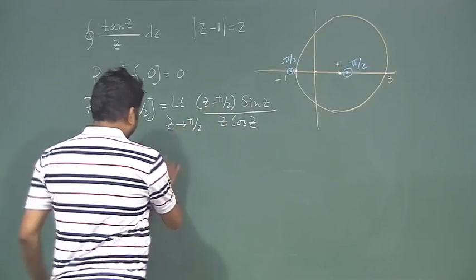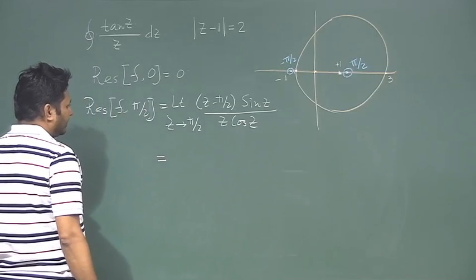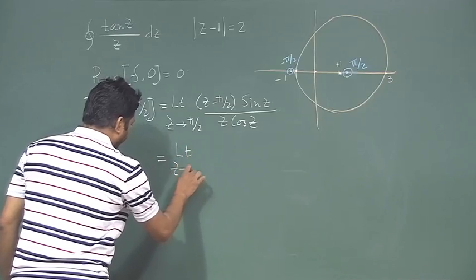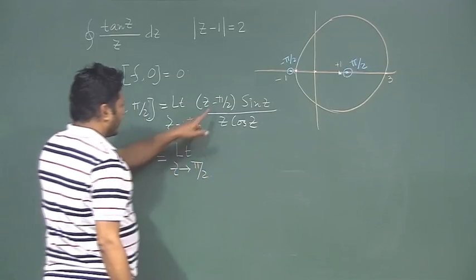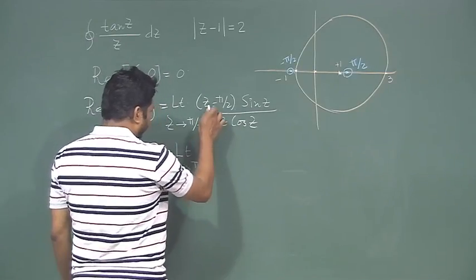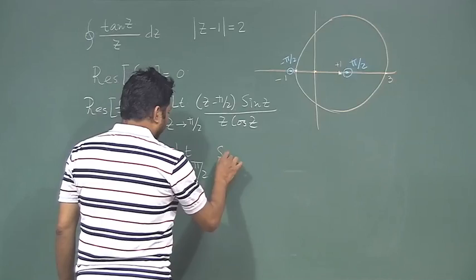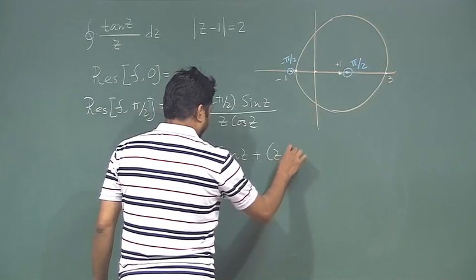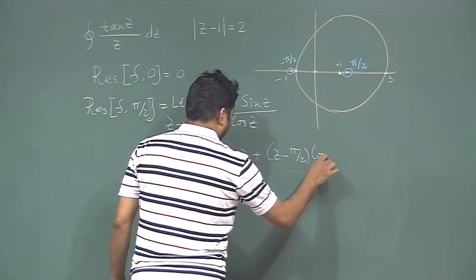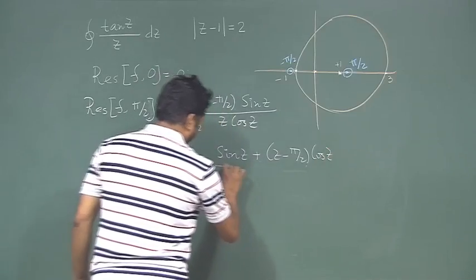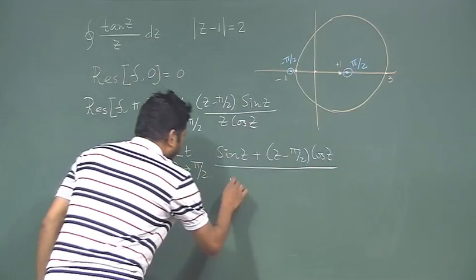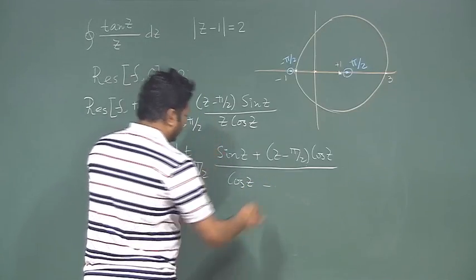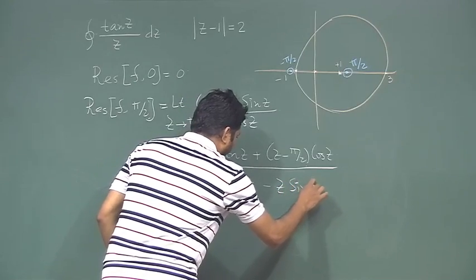So again I will use the L'Hopital rule. Taking the derivative of this quantity, the first derivative is 1 times sin z plus z minus pi by 2 times cos z, and the denominator has cos z first and second minus z sin z.